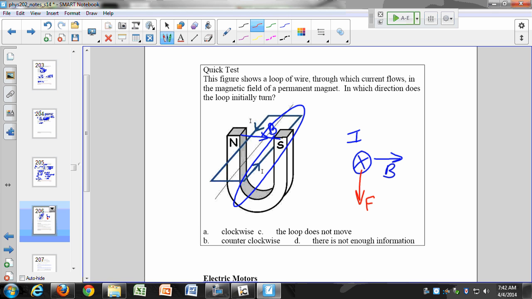So whereas before you had your forces causing it in a clockwise rotation, when it turns 180 degrees, the forces are going to switch, and it's going to go back the other direction. Right, so they're going to flop every time you go 180 degrees. So if you just have a regular DC motor with no other alterations to it, your loop is just going to flop back and forth like that. There are a couple of different ways to get over that.